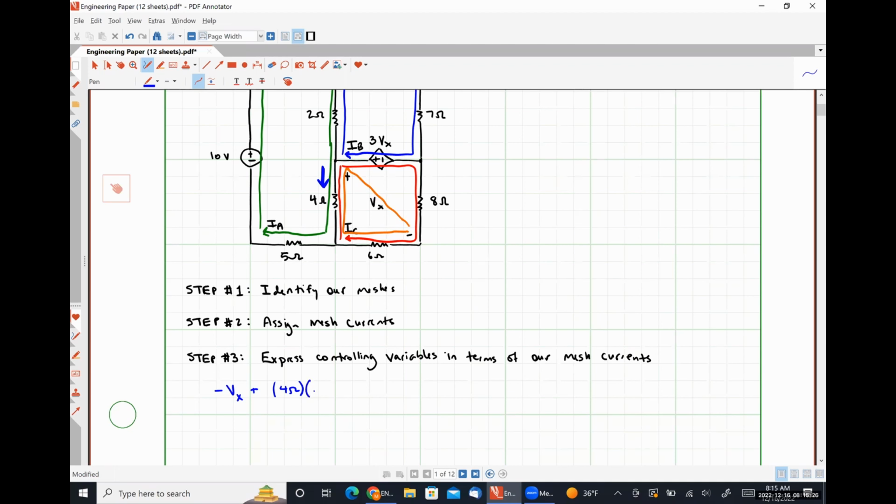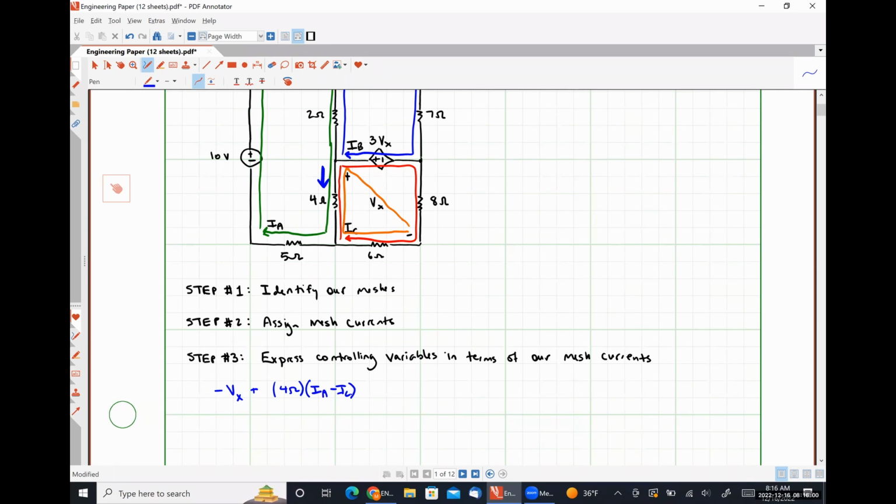Kevin, how did you come up with that? Yep. You're 100% correct. What Mr. Parnell observed is exactly what we are going to do, okay? We're looking for the total current with a direction down flowing through the 4 ohm resistor.